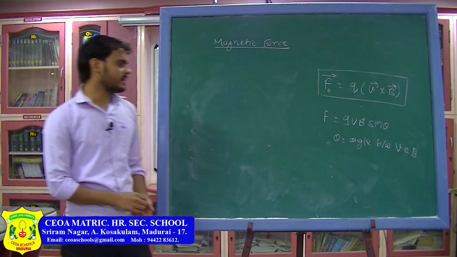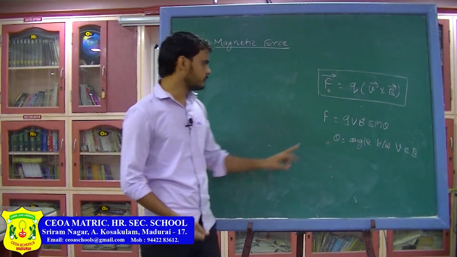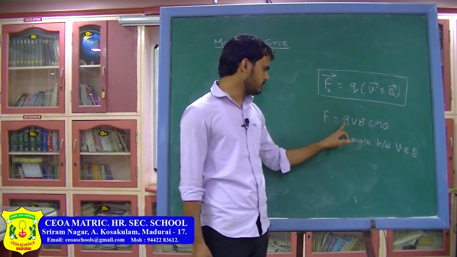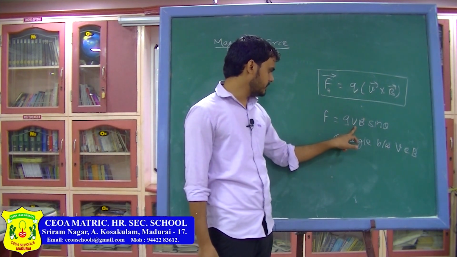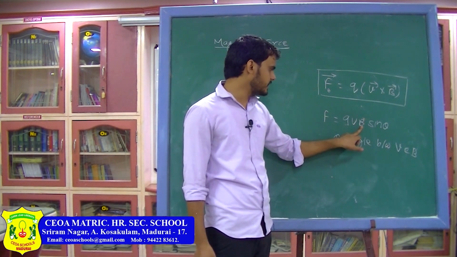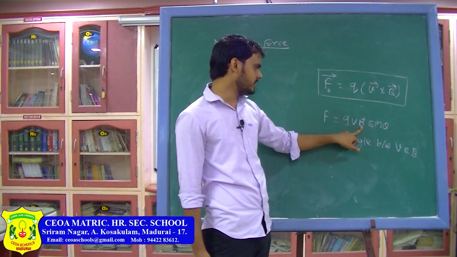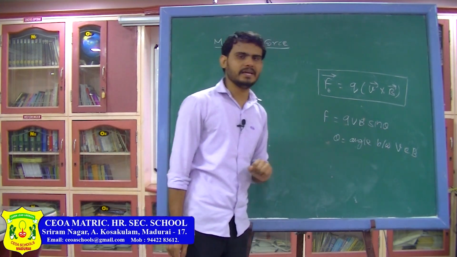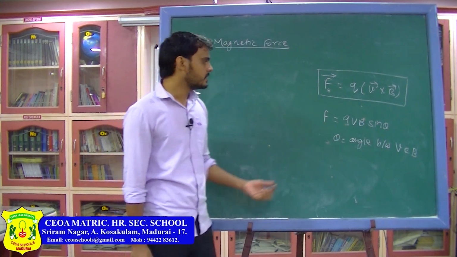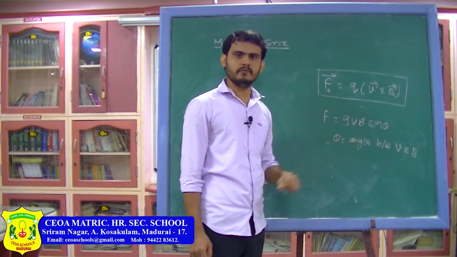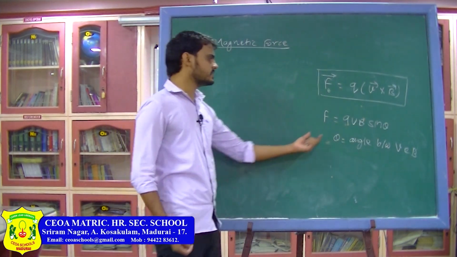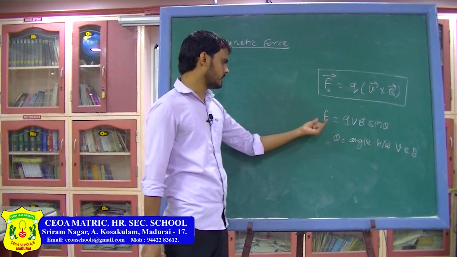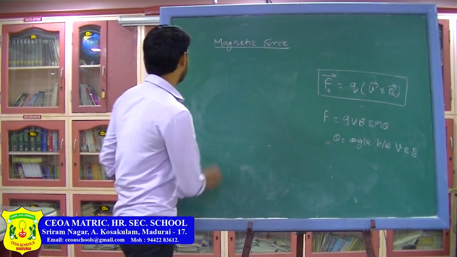So from here I can see that the force depends on the magnitude of the charge, on the magnitude of the velocity, on the magnitude of the magnetic field, and also on the angle between velocity and magnetic field. So basically the force depends on these four things. Let us talk about some points about this force.